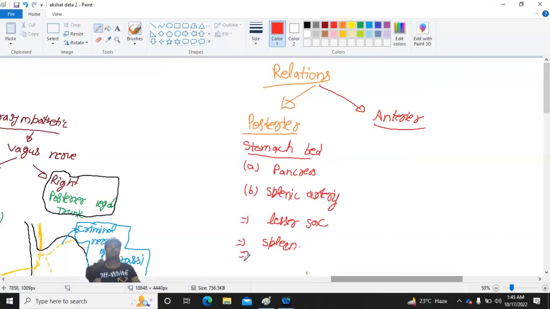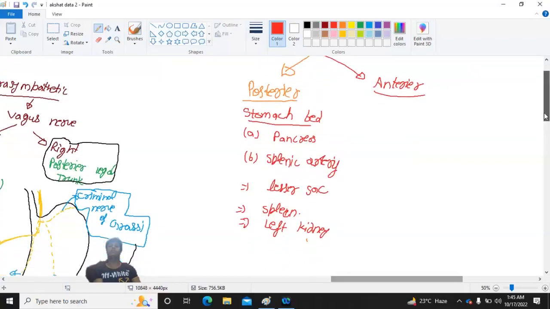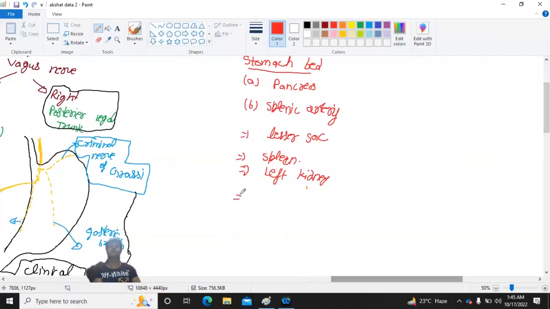And one important one, the left kidney and left suprarenal gland.